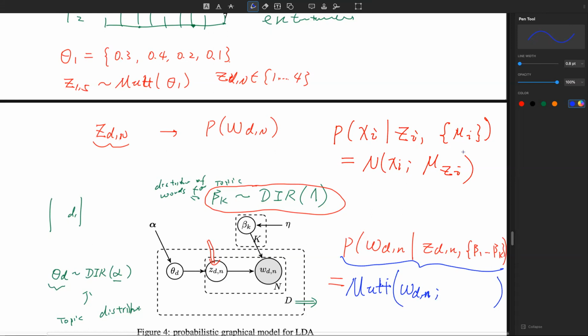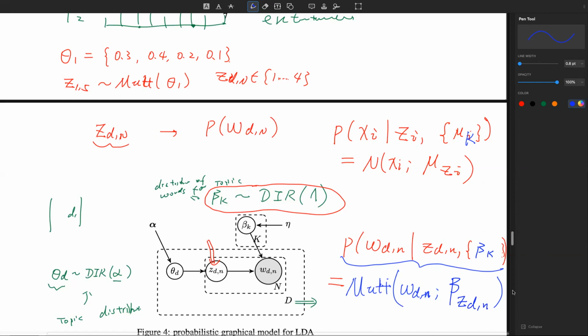I shouldn't use the same, I should use beta k. I'll make these two things even look similar. I'm just going to call them beta k. Just draw some analogy to it. Yes, thank you. So it's beta z d n. That's it. That's how easy it is to model.